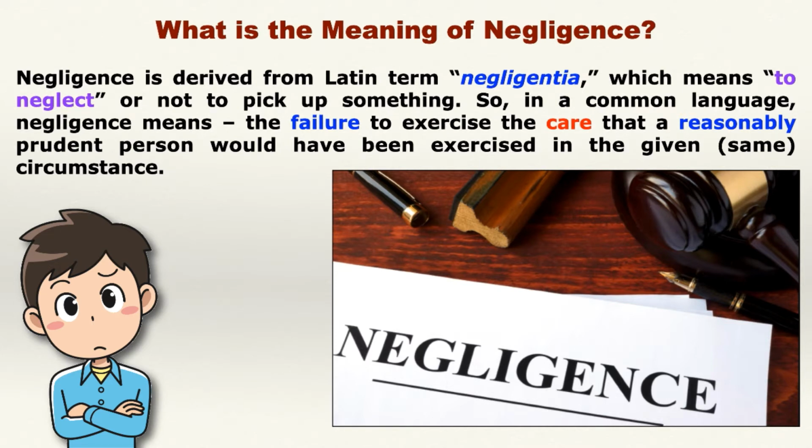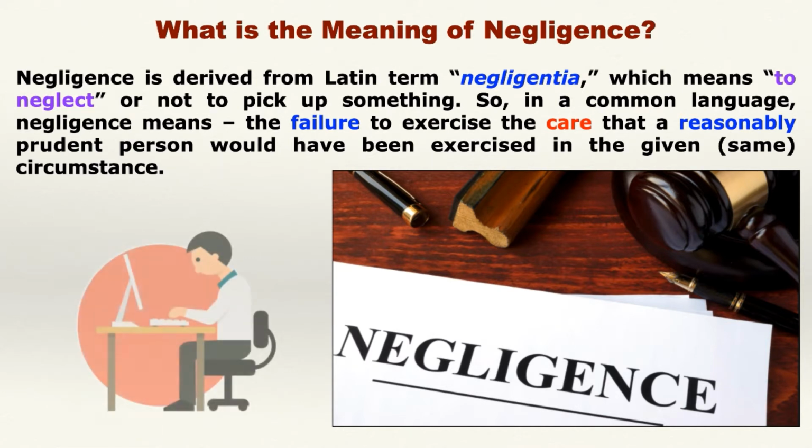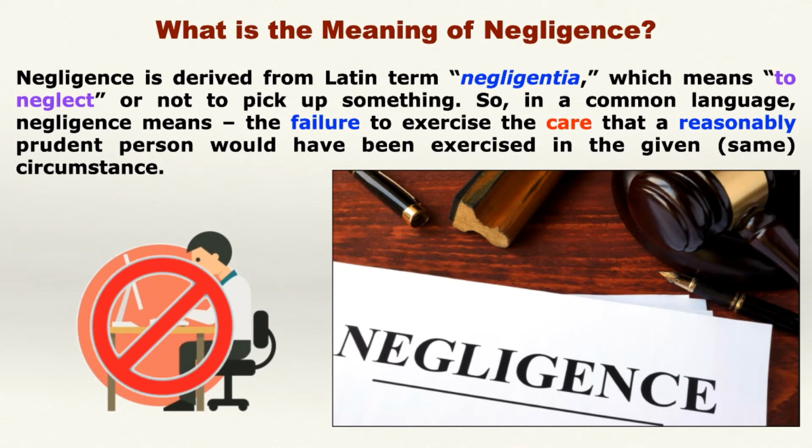See, there are certain terms that you need to understand in order to understand negligence. What it says here, in common language, negligence means failure, meaning something you can do but you didn't do or couldn't do, so that is your failure.